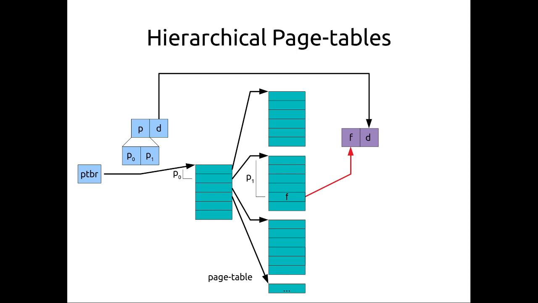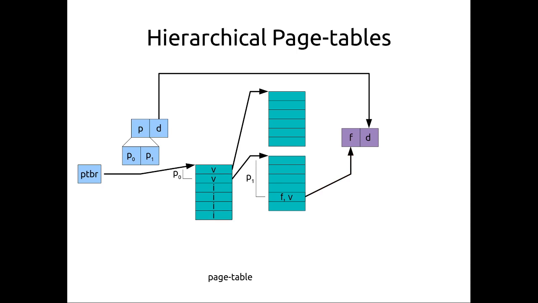Now, one thing that I want to point out here is that I said that we actually save memory by having hierarchical page tables over just having a big array. And you don't necessarily see that here because we just have a second level node for every single entry in the top level node. But what I want you to realize is that each of these entries in the outer page table node has a valid or invalid bit.